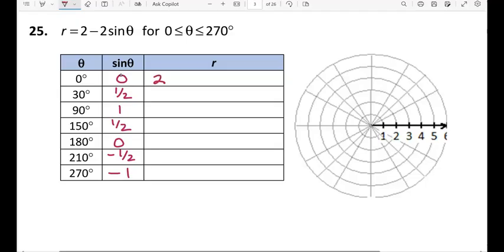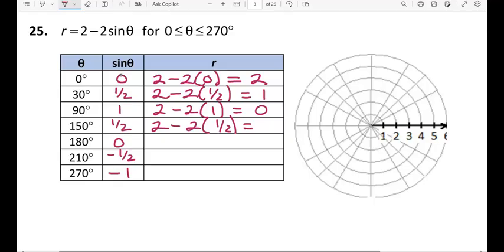So the r value is 2 minus 2 times the value of the sine, which is 2. 2 minus 2 times the value of the sine is 1. 2 minus 2 times the value of the sine is 0. 2 minus 2 times the value of the sine is 1. And 2 minus 2 times the value of the sine is 2.